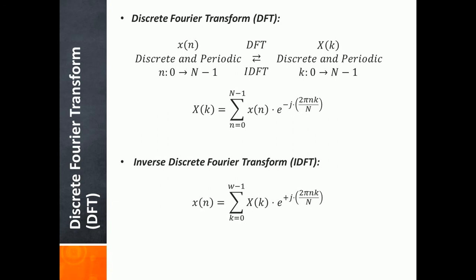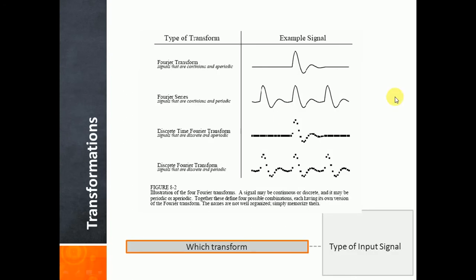Now, the first difference between discrete time Fourier transform and discrete Fourier transform, let's look at the common things. Well, in both cases the input is discrete. In one case, the signal input is aperiodic. In the other case, it is periodic in nature.